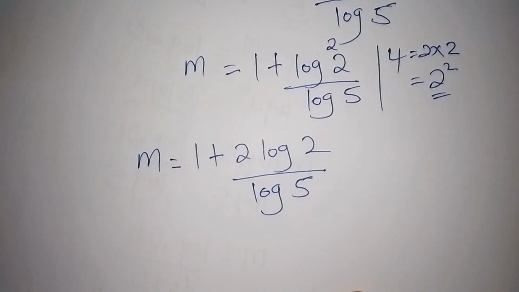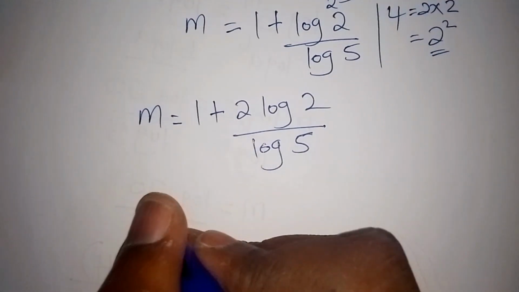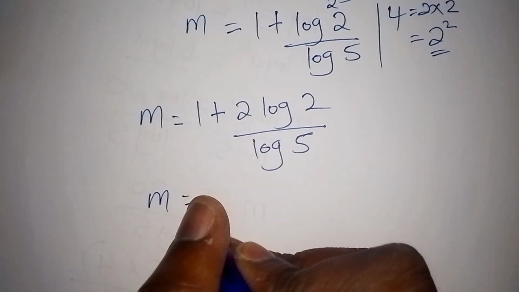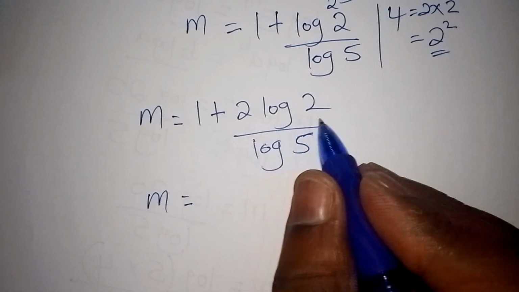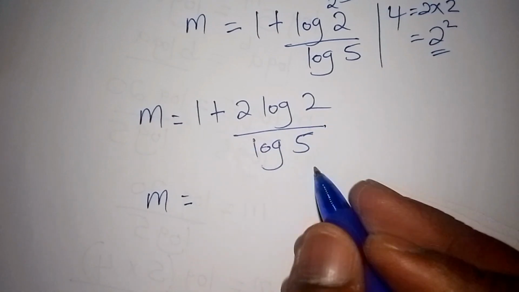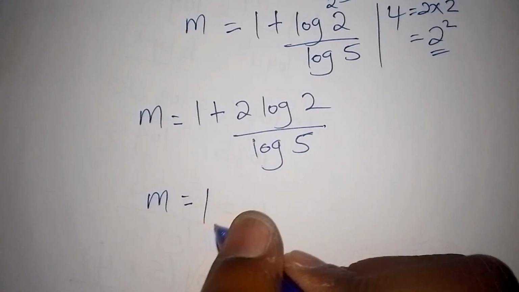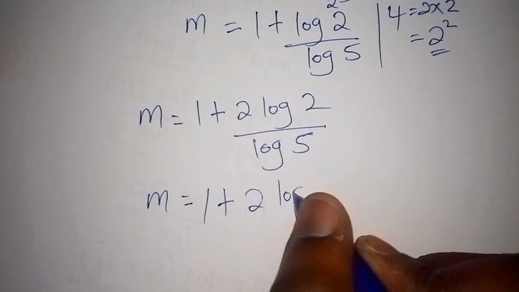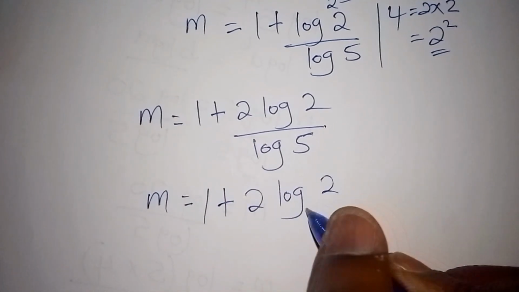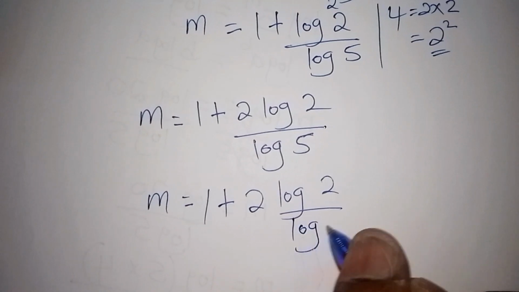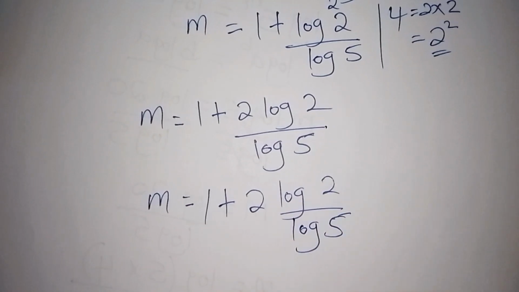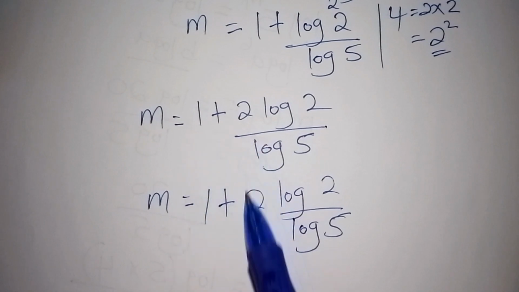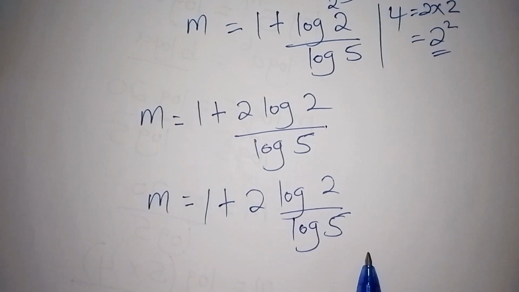So we shall now have m equal to 1 plus 2 log 2 all over the log of 5.